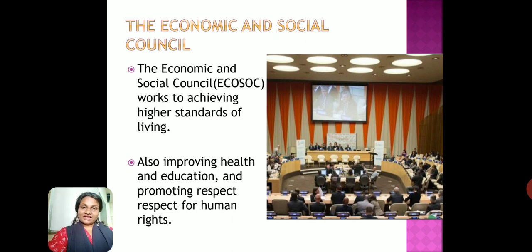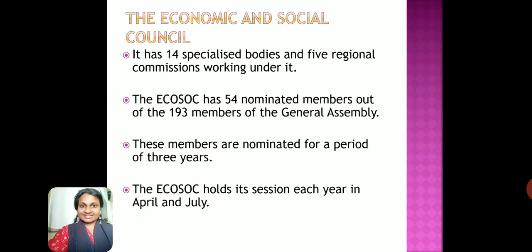Now how can you improve someone's standard of living? You can do that only by giving them education, proper health, by helping them achieve self-respect and human rights, by taking care of all these social and economic issues. That is why it is a part of the Economic and Social Council, and these are the things that the ECOSOC takes care of.